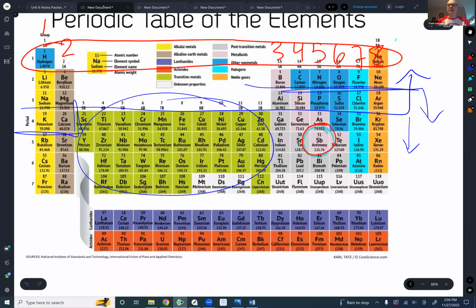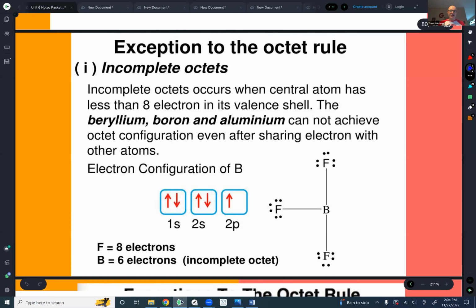Beryllium, boron, and aluminum. Those three, for whatever reason, they happen to form stable hexets. They like forming something that is not a stable octet, and they are satisfied fully.